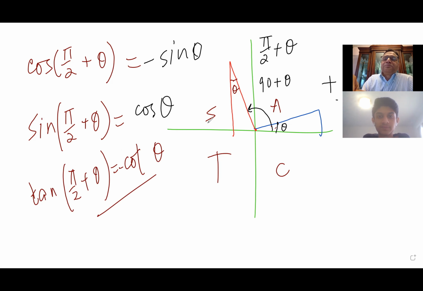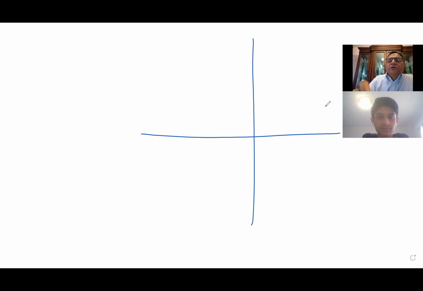So I hope this concept is clear. We can write some angles in many different ways, because you can write using co-function identity or other identities, so many different ways you can write an angle. And that is the critical part of this unit.